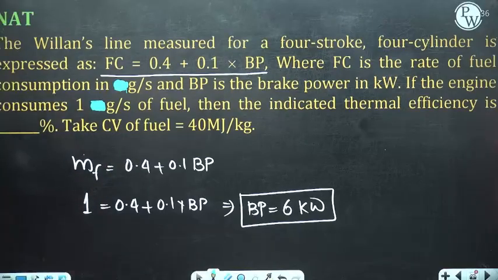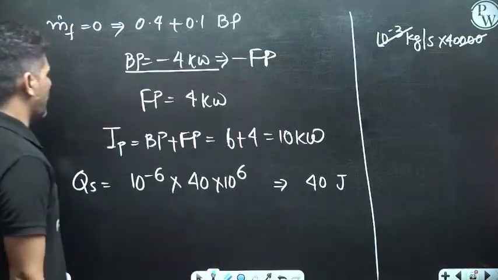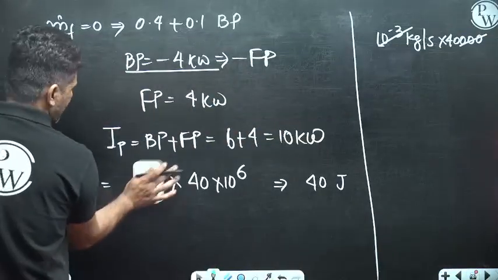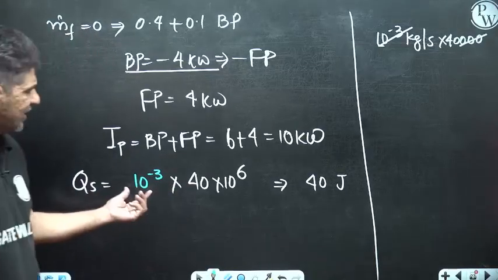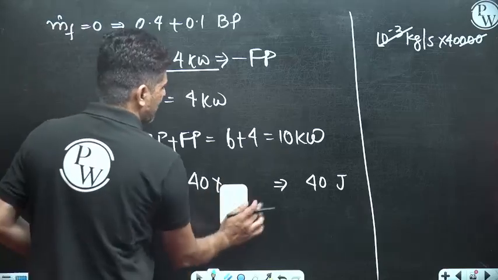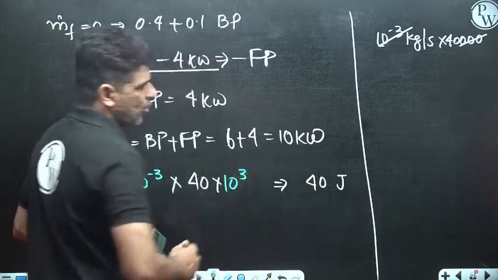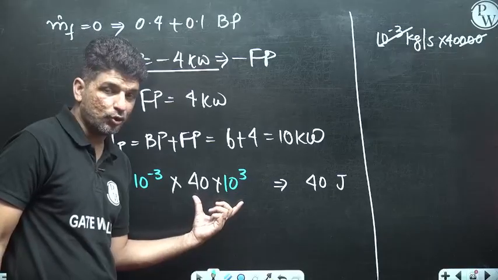Where fuel consumed is the rate of fuel consumption in gram per second and brake power is in kilowatt. If the engine is consuming 1 gram of fuel per second, it will be equal to 10 raised to power minus 3 kg per second multiplied by 40 into 10 raised to power 3 kilojoule per kg.